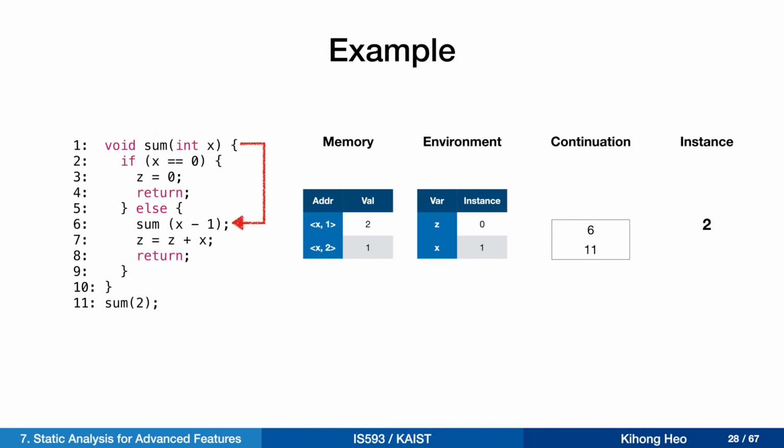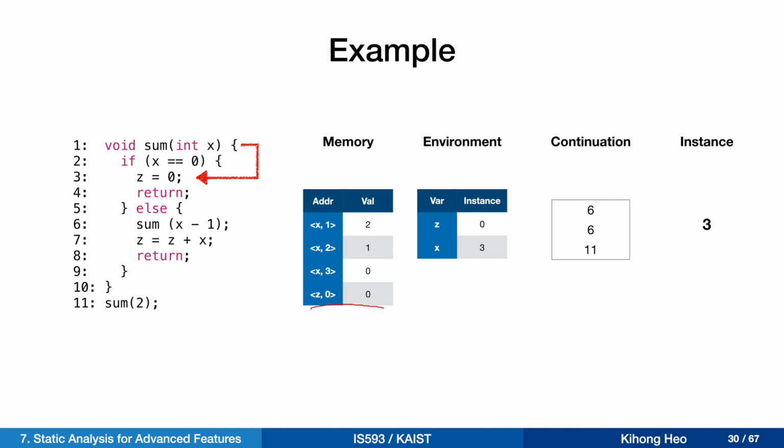And then again the execution gets into the first branch and another recursive call happens, so all the similar effects will happen. This time the execution gets into the true branch, so the memory entry for variable c will be updated accordingly, as you can see here.